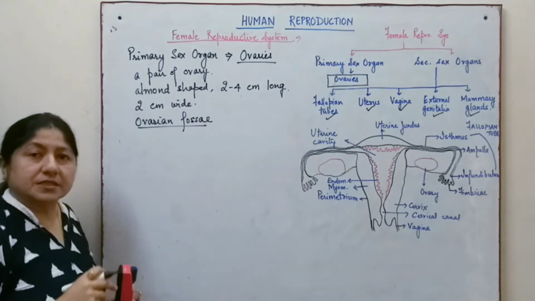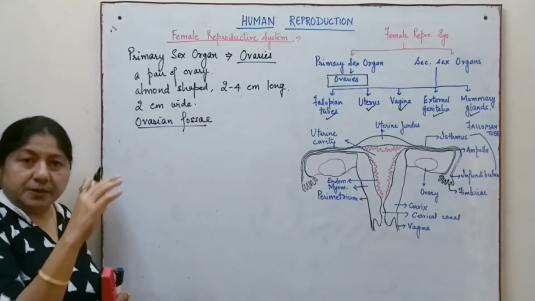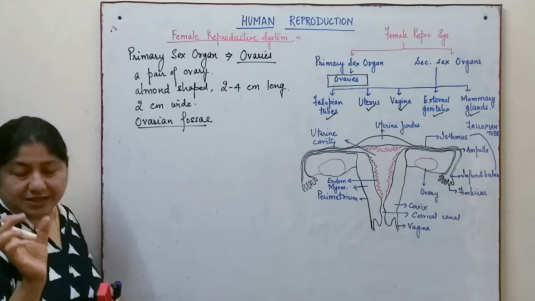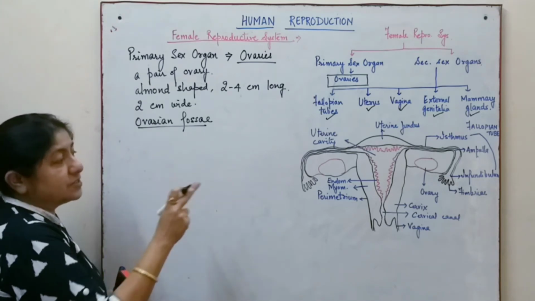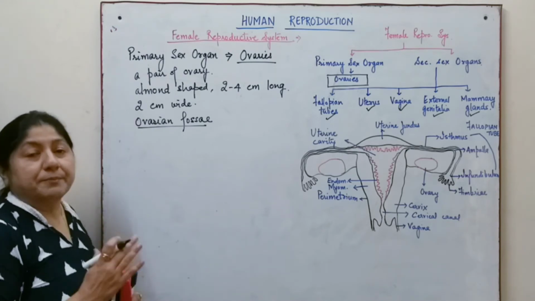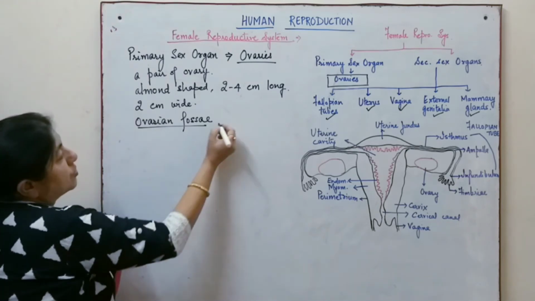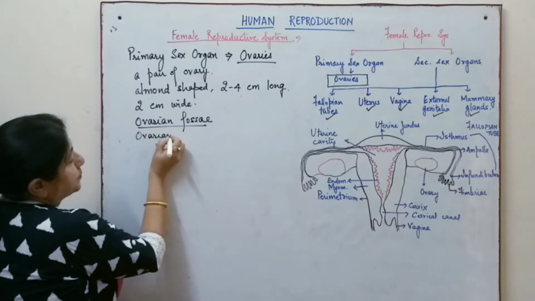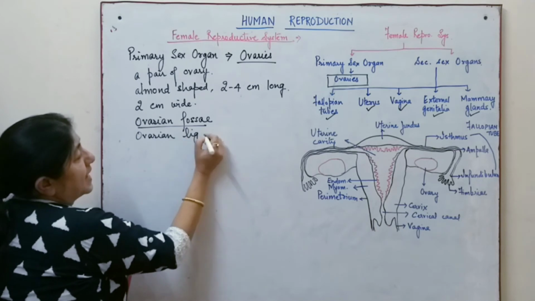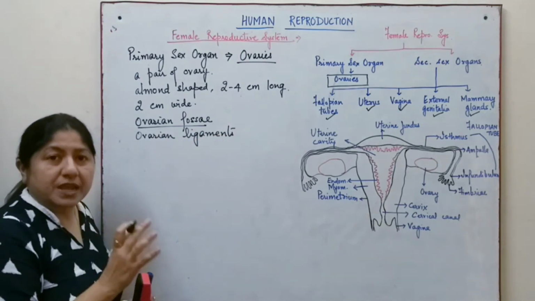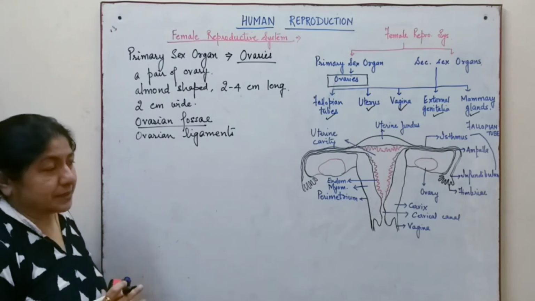The ovarian fossa is the depression in the pelvic region in which each ovary is fitted on either side. These ovaries are held in place by ligaments known as ovarian ligaments, which help the ovary remain fixed at a place.